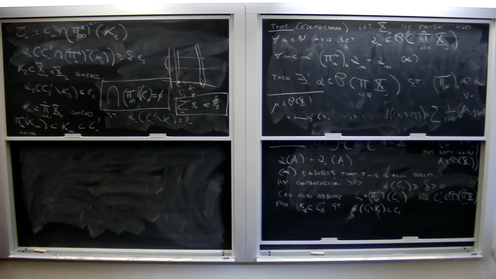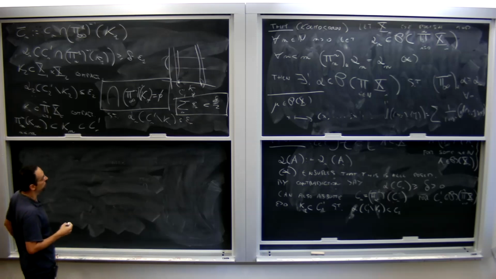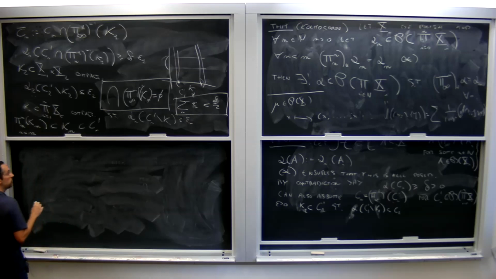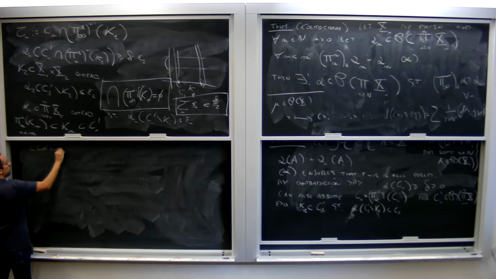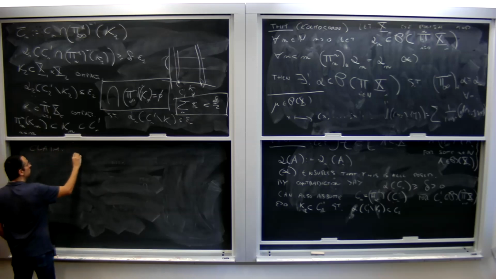And now the problem is that the intersection cannot be empty, because of compactness reasons. And here it is. So the claim: the intersection is not empty.